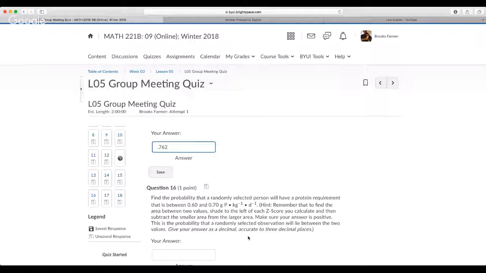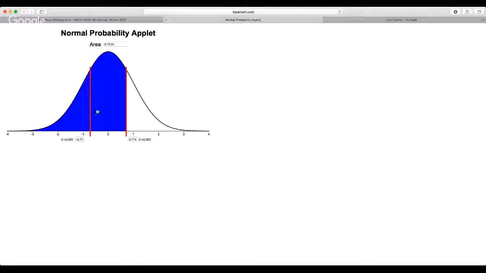Yeah, I got 0.762, yeah. Yep, that's right. So looking at my applet, would this be what I'm looking for, or do I need to do the whole subtracting thing? Oh, the whole thing, because you're looking for everything that's below that number. Okay, so take this number and subtract this number, correct?